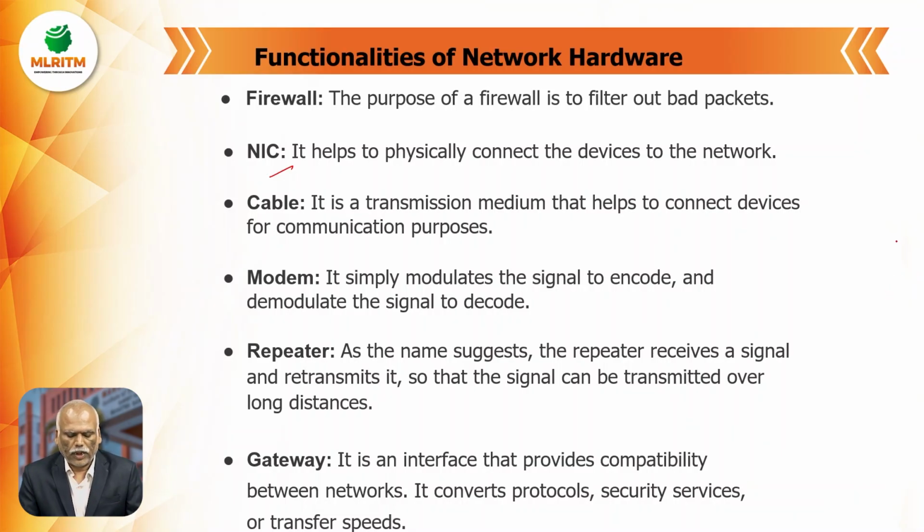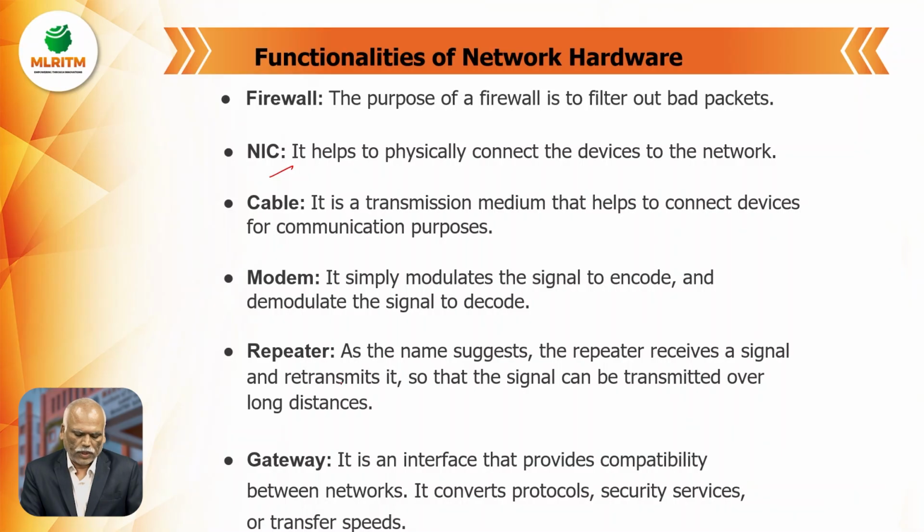Then the communication network, NIC, network interface card, helps physically connect the devices to the network. Next is cable, a transmission medium that helps to connect the devices for communication purposes. Modem, simply put, modulates the signal to encode and demodulates the signal to decode.